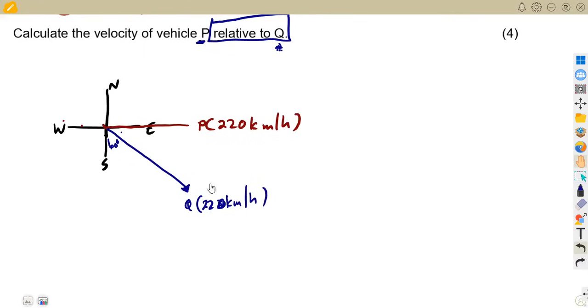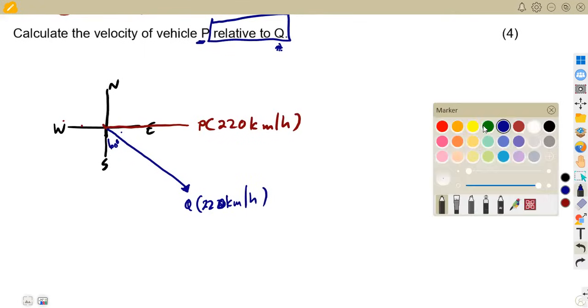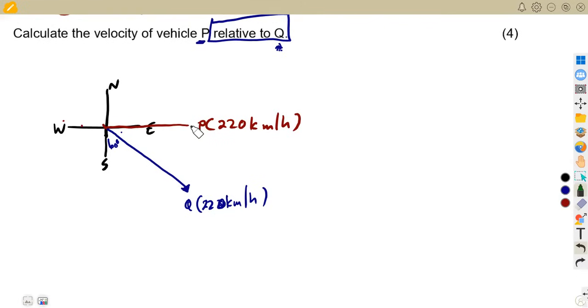From this part, that is where I said if you are to use the components, take your angles in whatever way. As for me, I'm going to take it anti-clockwise. P is at 0 degrees. What about Q? Take this angle in the anti-clockwise direction until we meet this line. So what is this angle? Remember, this is 0, 90 degrees, 180 degrees, and now we are at 270.